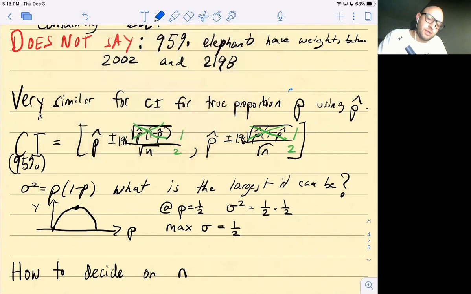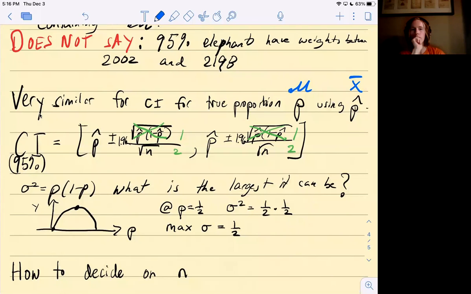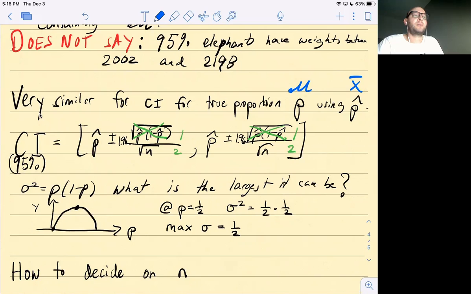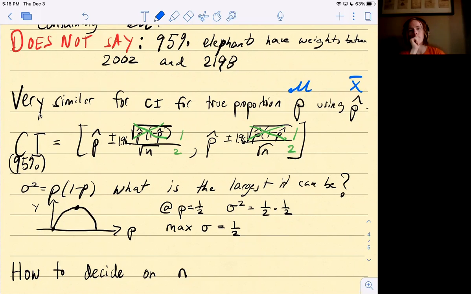There's a very one-to-one analogy here. P is like mu, and P hat is like X bar. Yeah, I understand that, but is P the total population? P is the proportion of the total population that would say yes. Okay, got it.